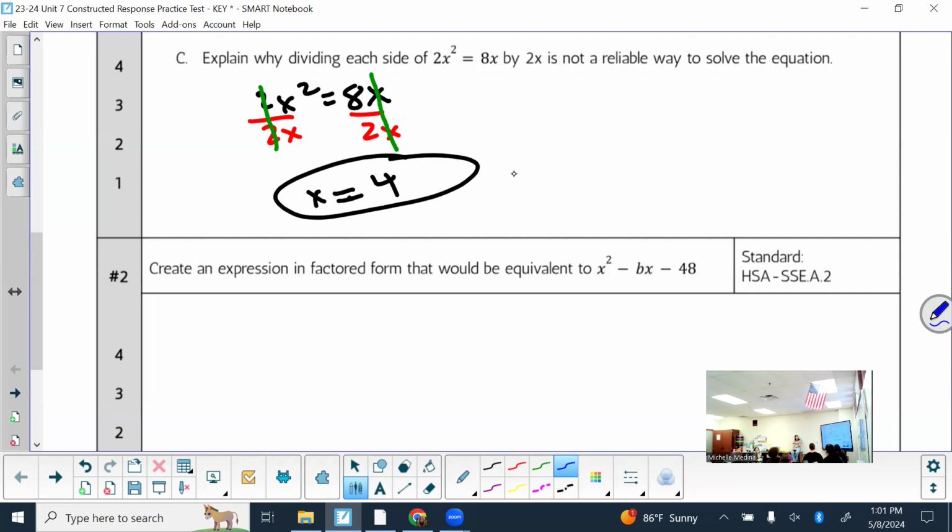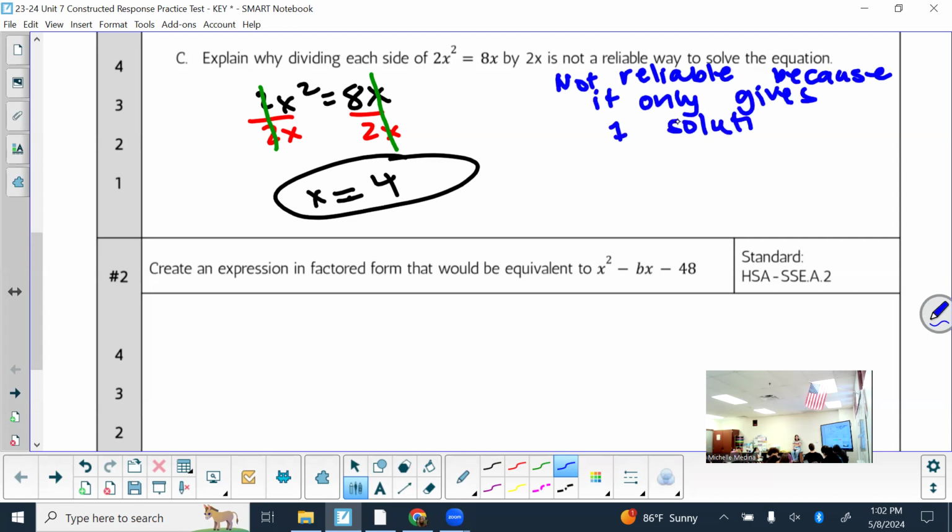It only gives one solution. How do I get both solutions? How do you know there's even another one?